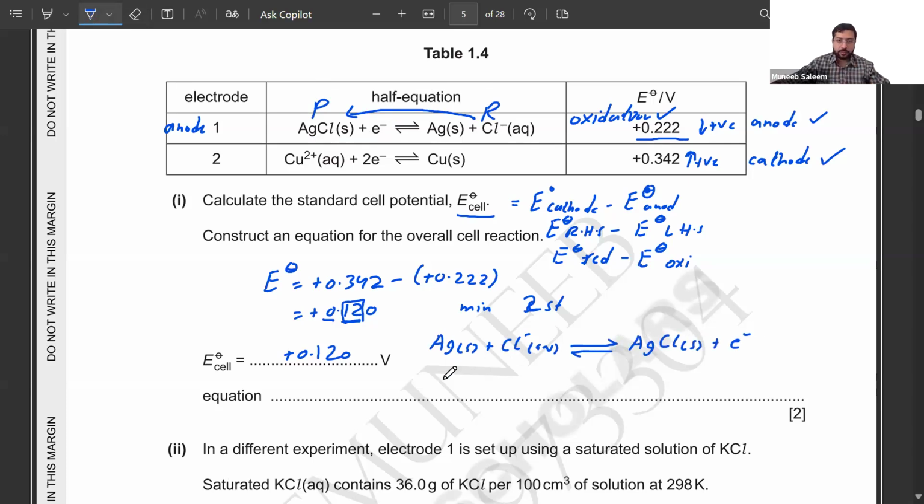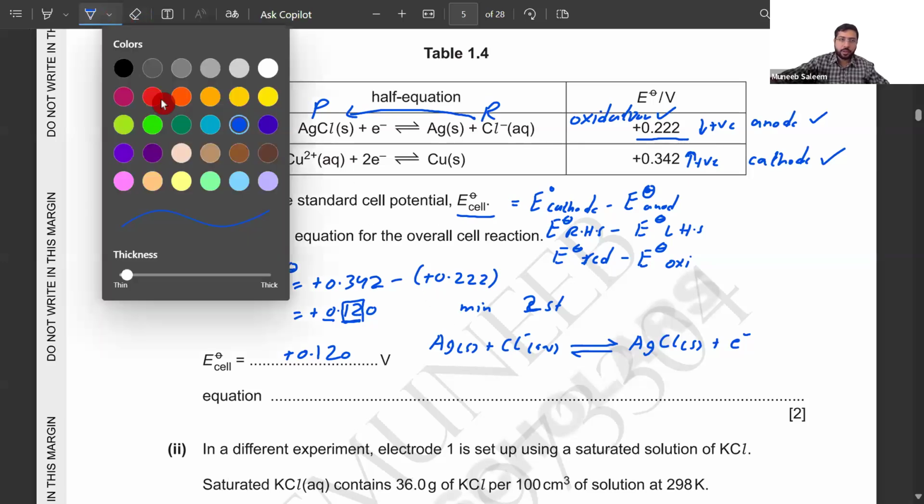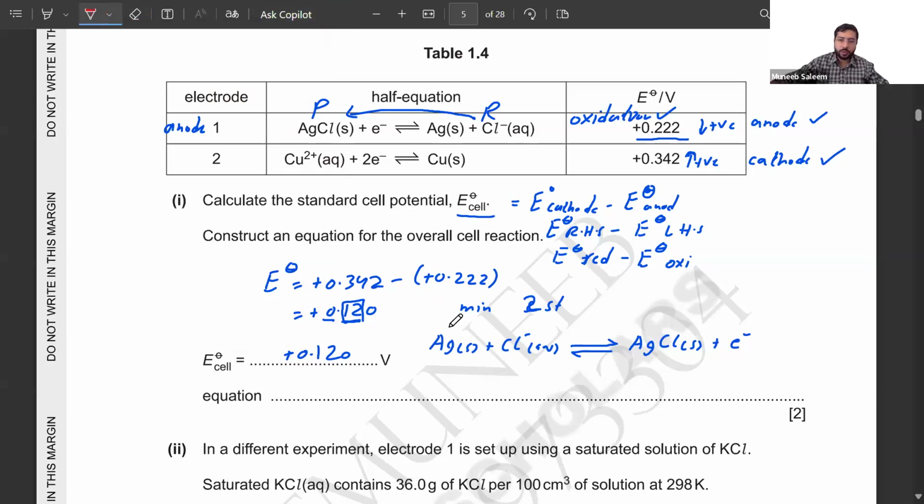And for the other equation that was already mentioned here, the copper equation, that should remain as such since it is the cathode part or reduction part. So copper aqueous ion plus two electrons, like this. And on the right side, you have copper solid.